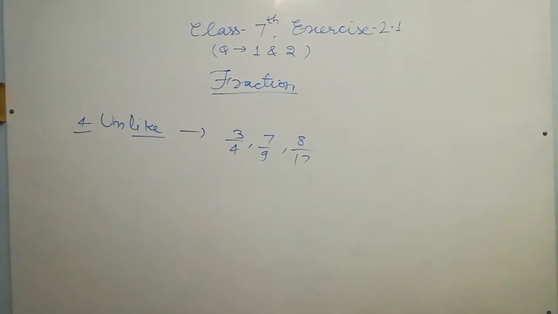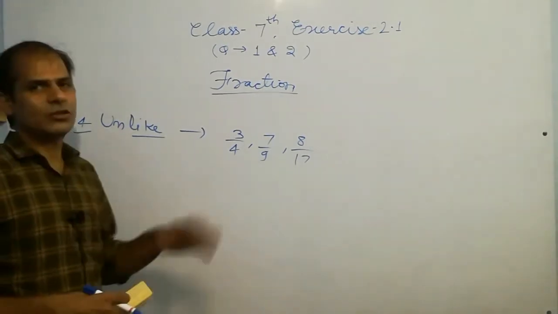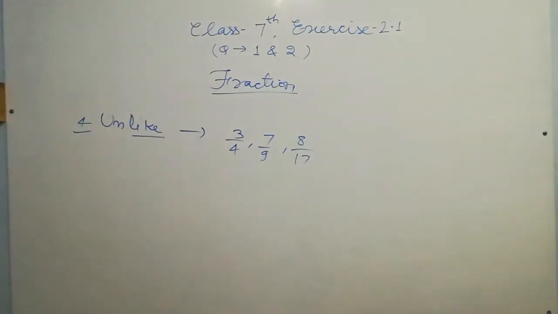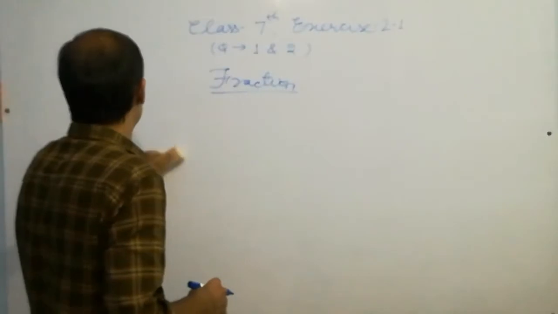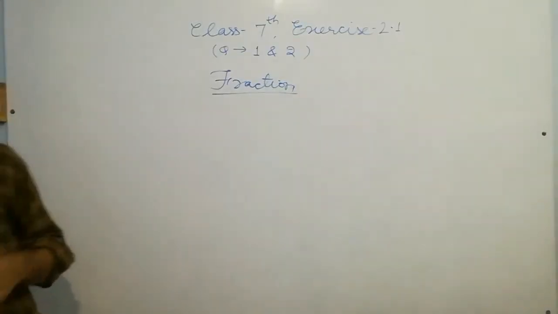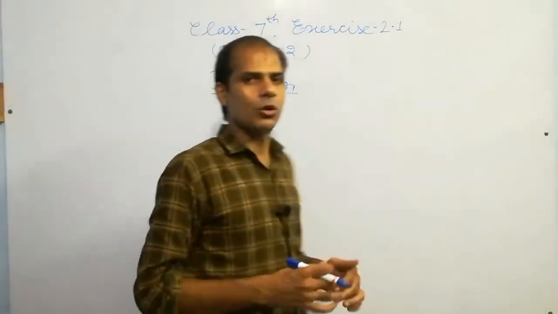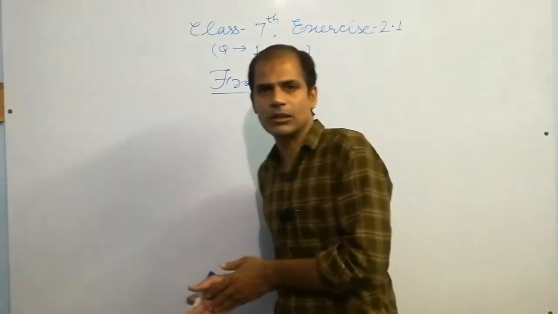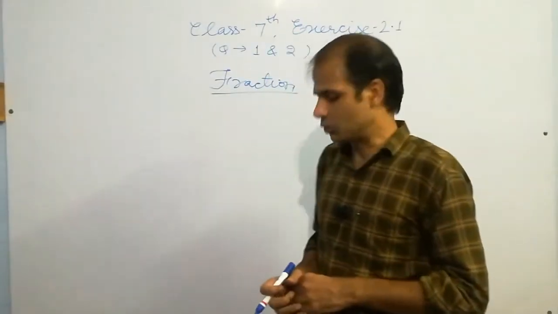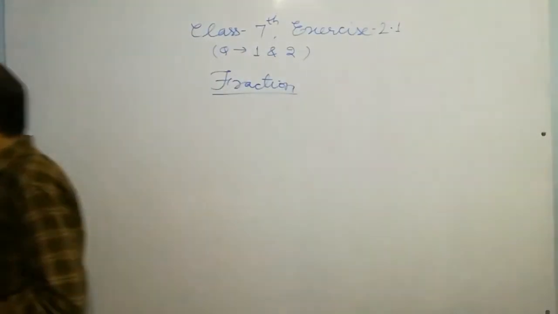On the basis of these concepts we will solve the questions, and there are many more concepts regarding fractions. Whenever I solve the questions, I will tell you that concept with those questions also, so it will be more helpful for you.